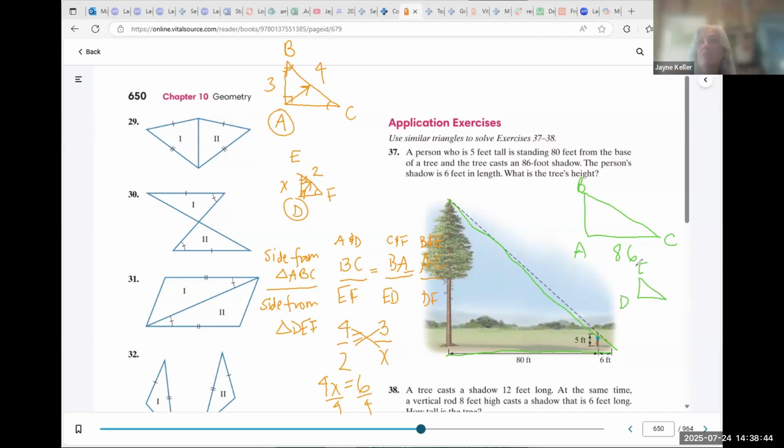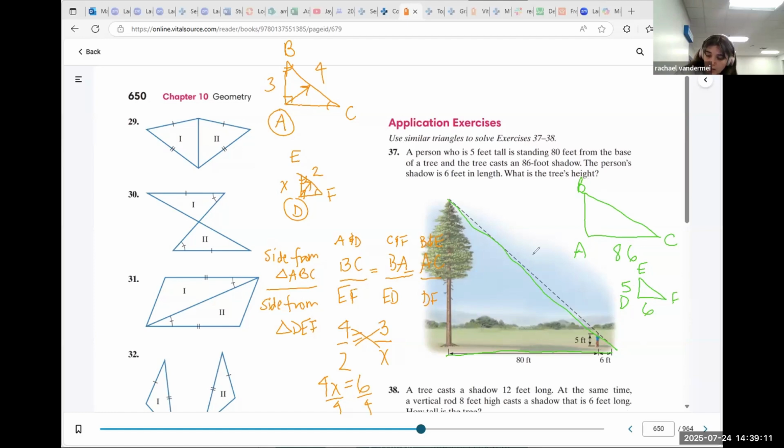DEF. And what distances do I know? D to F is 6, and D to E is 5, and we don't know E to F, right? But we don't need it, because what are we trying to find? We're trying to find AB, the height.